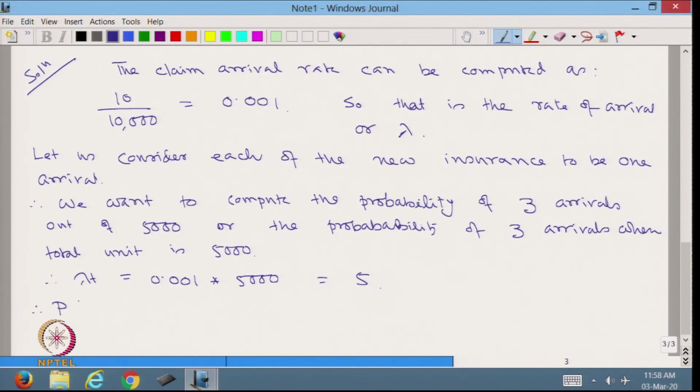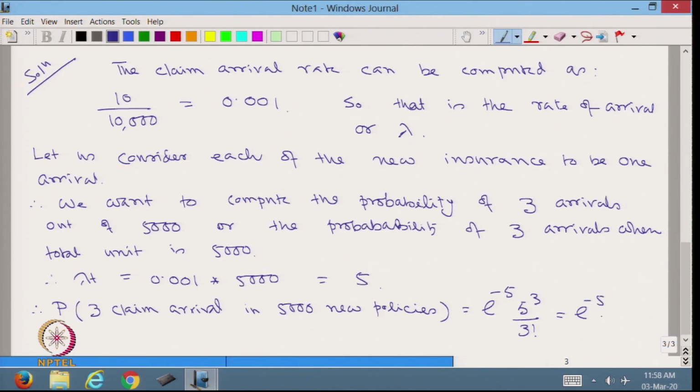Therefore, the probability of 3 claim arrivals in 5,000 new policies is equal to e to the power minus 5, 5 to the power 3 upon factorial 3, which is equal to e to the power minus 5 into something like 20.8.